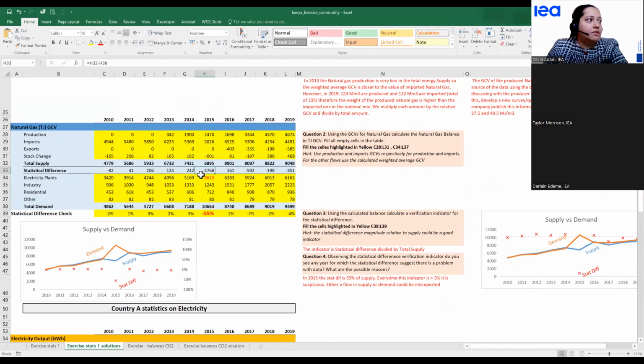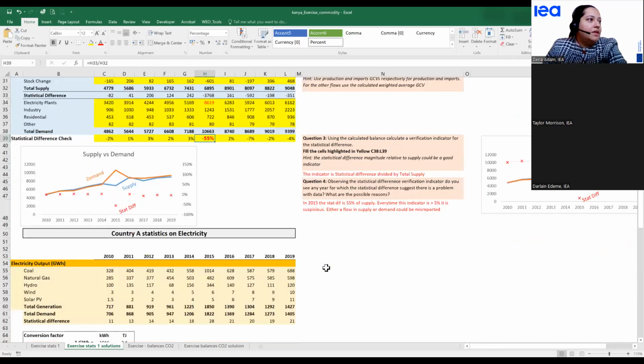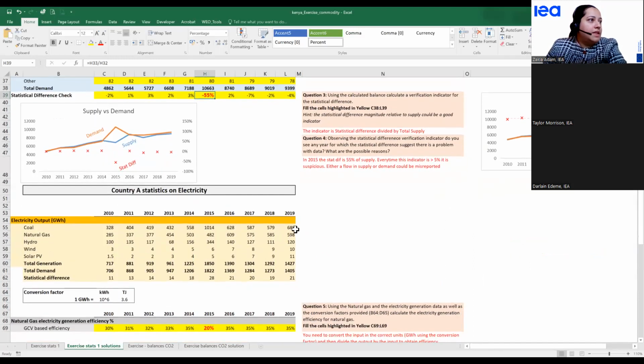It's minus 3,768 terajoule, and it represents 55% of your total energy supply, which is very, very suspicious. And this means that either a flow in your supply or in your demand is wrongly reported. So we need to query this issue here. So already here we see there's a problem in the natural gas balance.